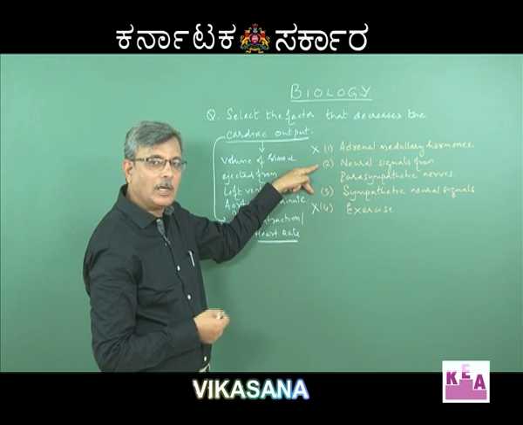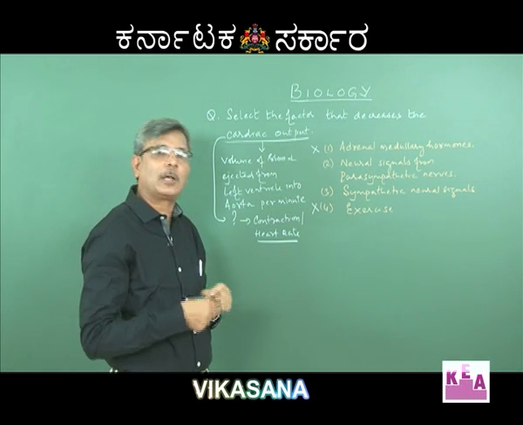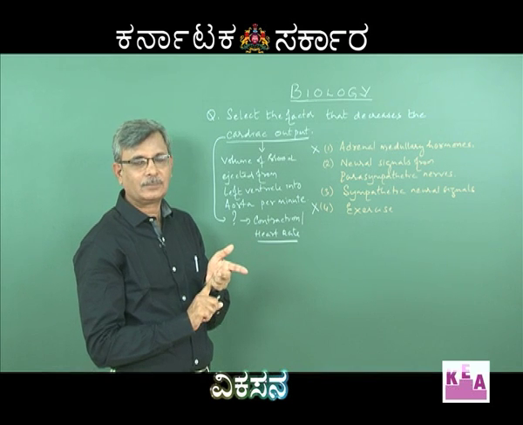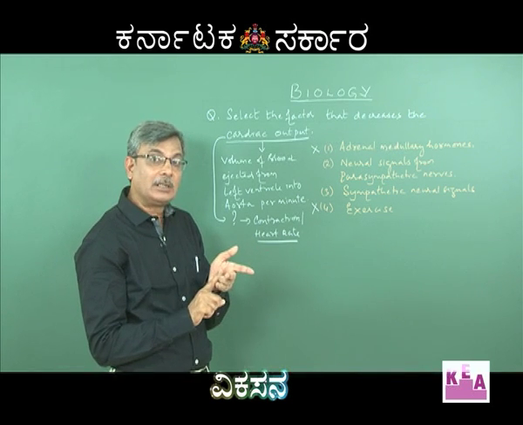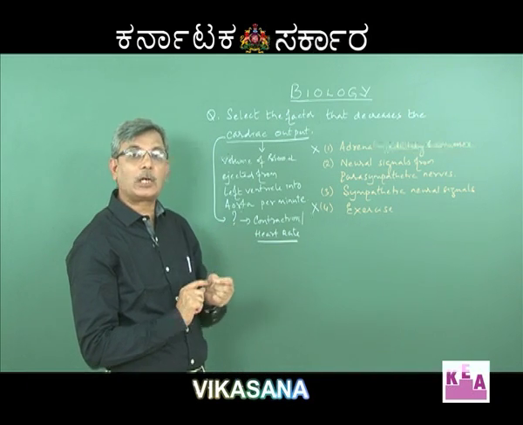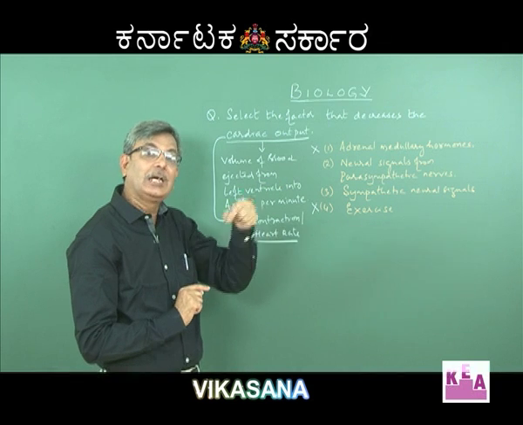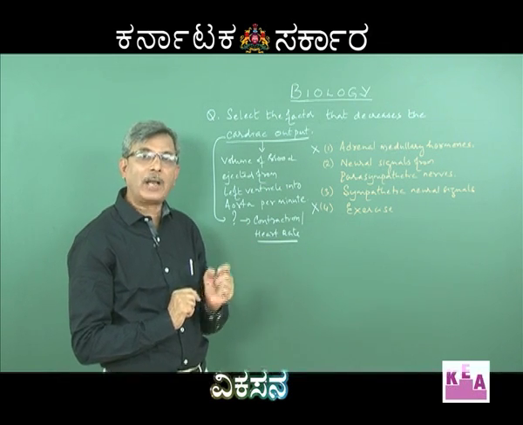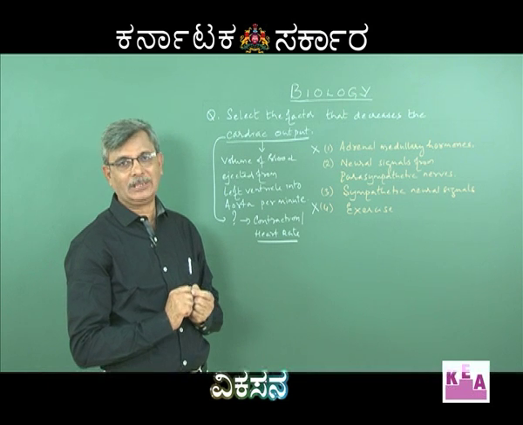Remember, cardiac centers are located in the medulla oblongata: the acceleratory center and the inhibitory center. The inhibitory center starts from the medulla oblongata, passes through the vagus nerve, and innervates the sinoatrial node, and it is the parasympathetic neural pathway.